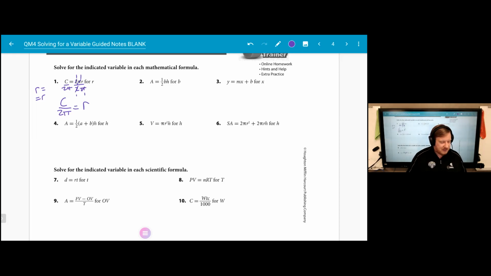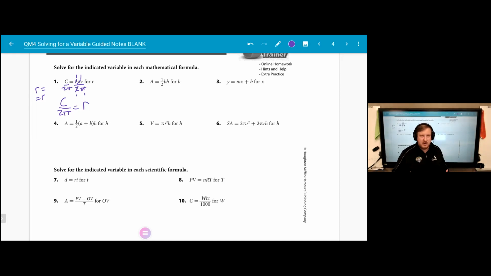What's another one that's pretty good here? I like number 6 as well. It says SA equals 2 pi r squared plus 2 pi r h, and we're going to solve this for h. What's happening to h? First, it's being multiplied by 2 pi and r, and then we're going to add 2 pi r squared to that.